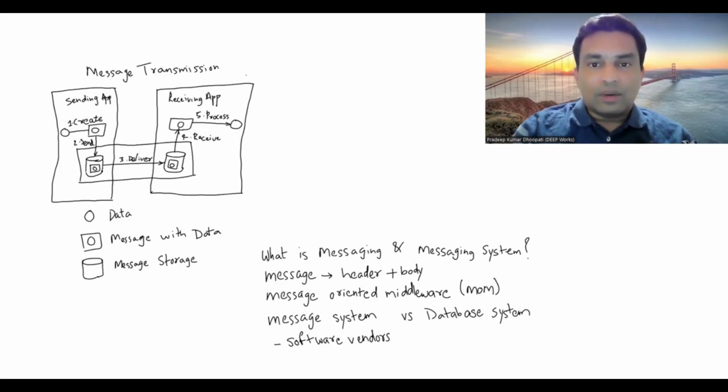Having said that, now let's see what are the steps in message transmission. Here I have shown the diagram, multiple steps involved in it. Primarily, there are 5 steps in the message transmission.